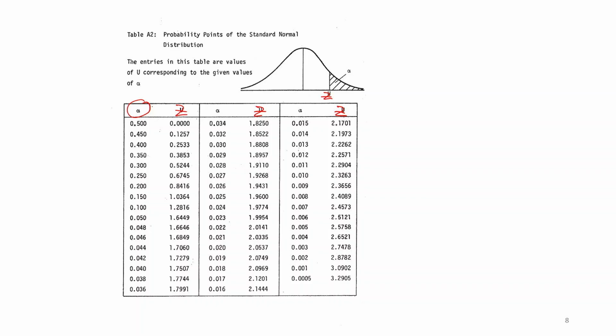And also you can find some books where the standard normal distribution tables are quoted from -infinity to a particular value of Z. That also is available in some books.